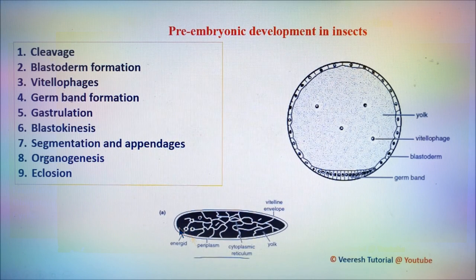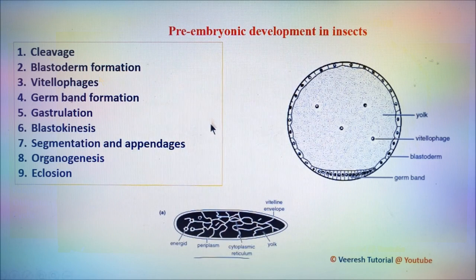You can see these are all the energids, and these energids again divide mitotically, which forms a layer of cells. This layer of energid cells is called the blastoderm. That is, it forms a layer of cells around the yolk. So this is called blastoderm formation.